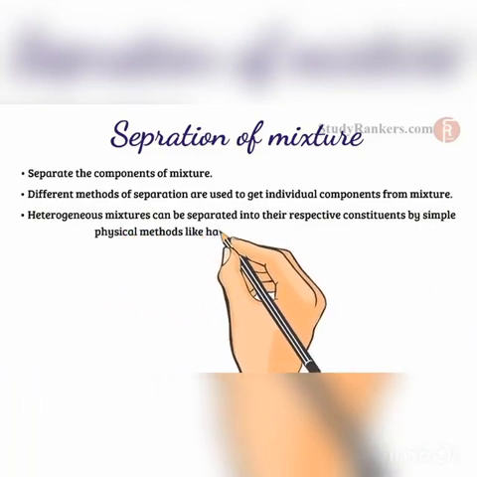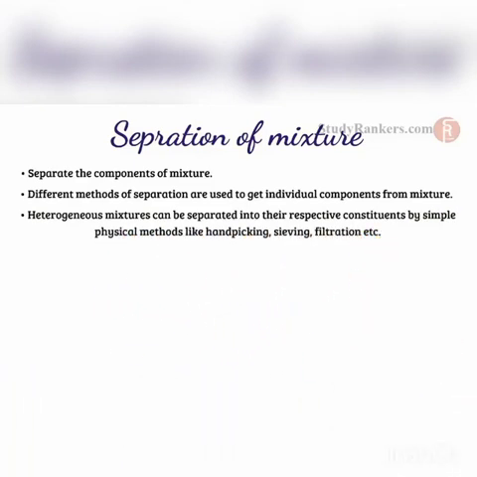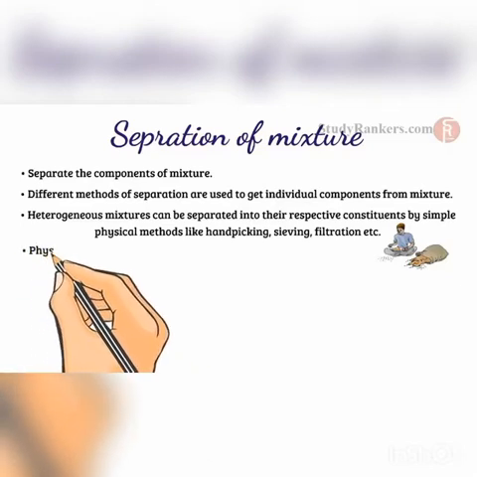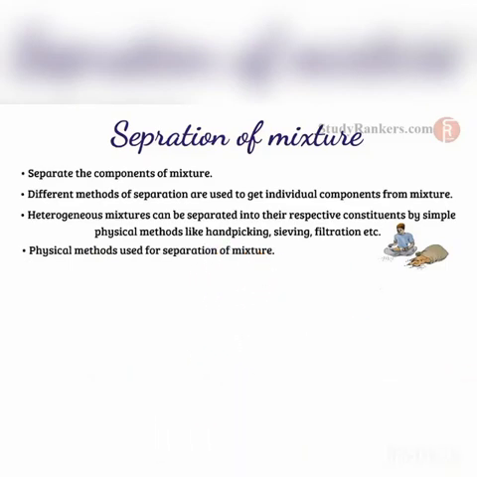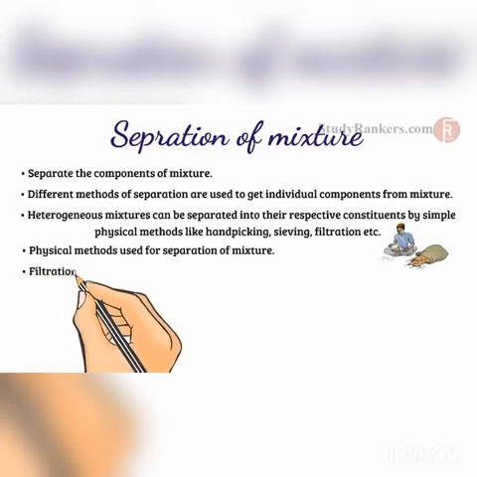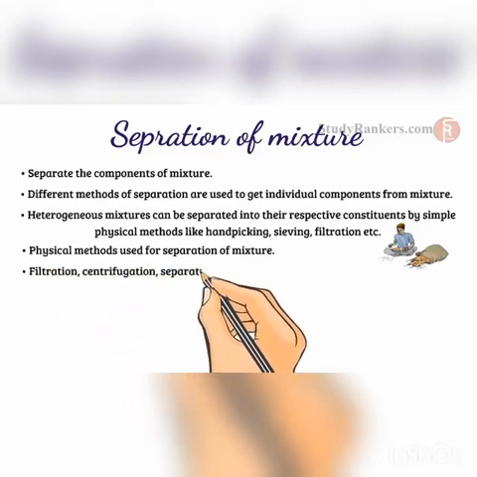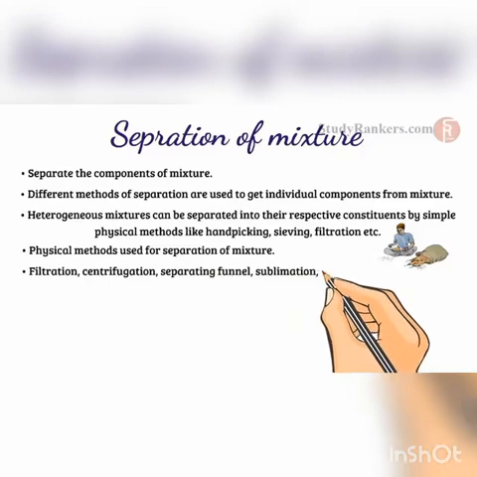Heterogeneous mixtures can be separated into their respective constituents by simple physical methods like hand picking, sieving, filtration, etc. But in this video, we will learn about some complex physical methods used for separation of mixtures.